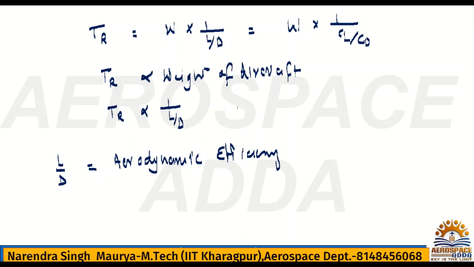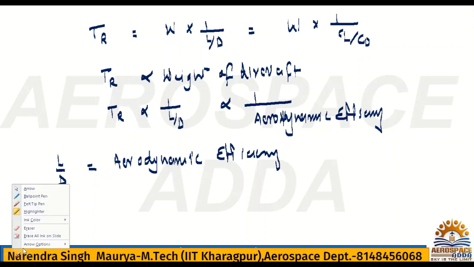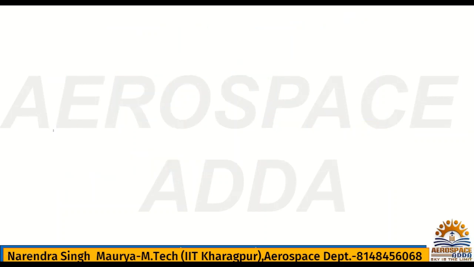So it is inversely proportional to aerodynamic efficiency. If aerodynamic efficiency is high, thrust required will be less. If aerodynamic efficiency is less, thrust required will be more. That's the meaning of it. These two conclusions you need to remember. If they ask in the examination, then you can answer for 1 mark. All right, this is the one.